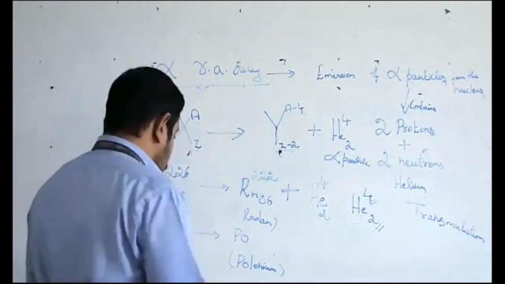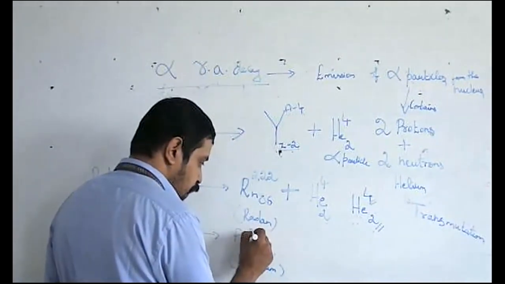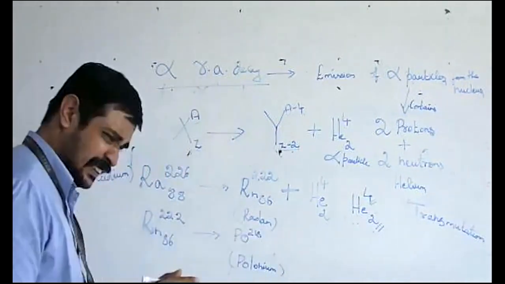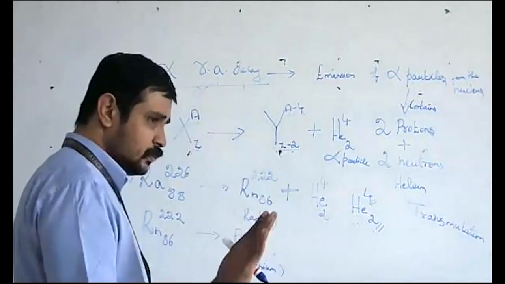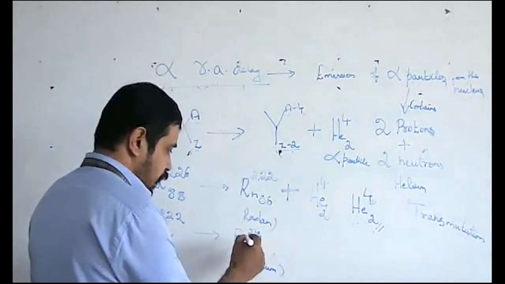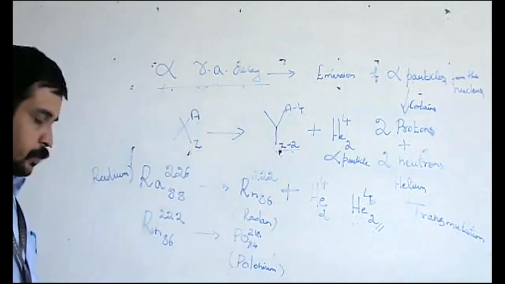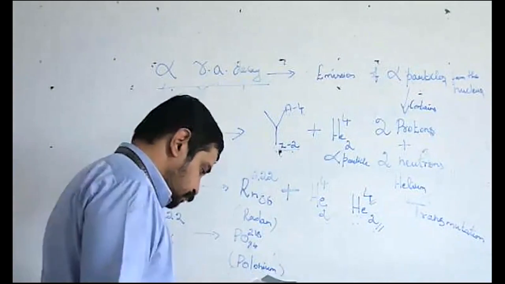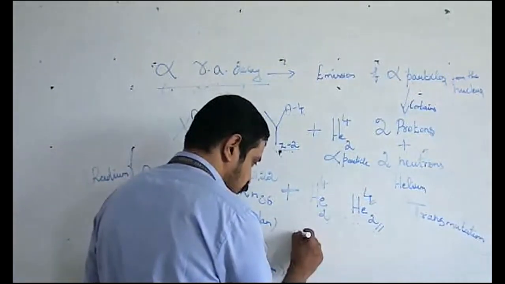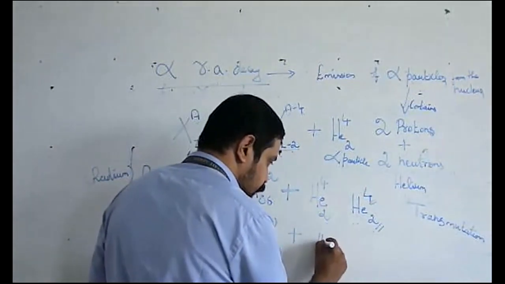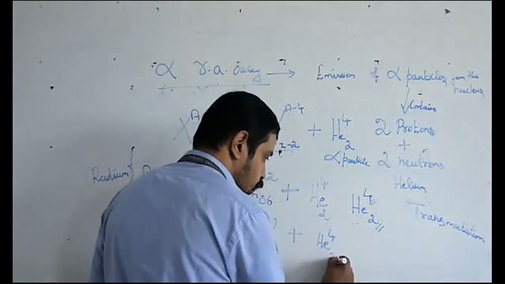Polonium, and again what will be coming here? 218, since there is a reduction of 4, and here it will be 84. It will be 84 plus helium 4 and 2.